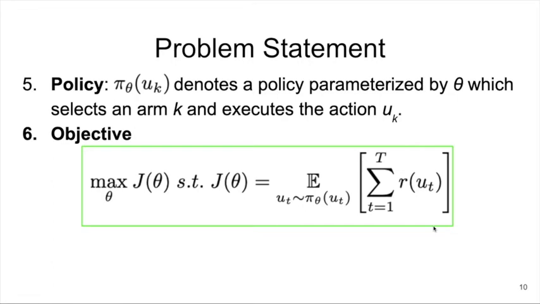Last but not least, the objective in policy learning is to maximize the total accumulated reward, which corresponds to maximizing the frequency with which the object is grasped successfully. Let u_t denote the action selected at time t. Then, the objective is to learn policy parameters, theta, to maximize the total reward accumulated over time.